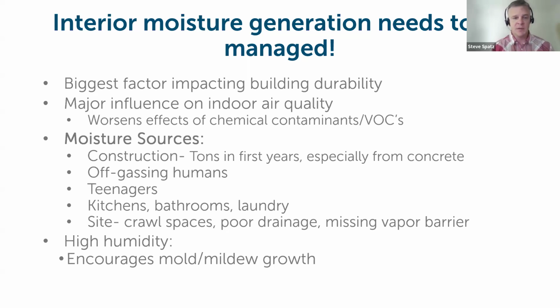So we need to be able to keep the indoor environment in check, for both relative humidity and the generation of moisture occurring within the building, but also to keep overall indoor air quality in check, eliminating chemical contaminants, VOCs, pollen, allergens, etc. Higher humidity can increase those problems within the building, as well as create the conditions and the potential for mold and mildew to grow and occur within building assemblies and in other areas.